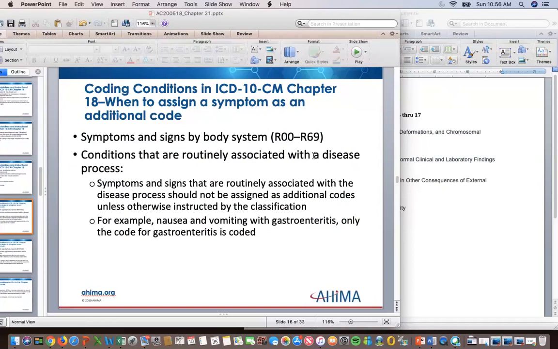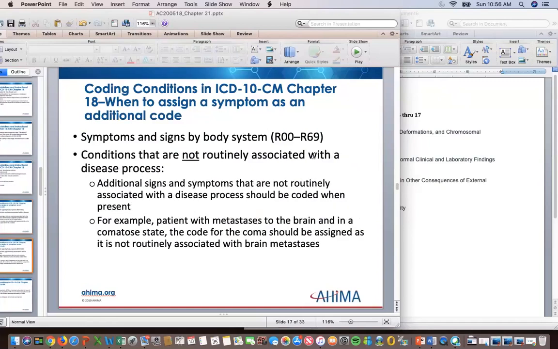Hemoptysis with pneumonia, you may not have that symptom, so it's an additional code that can be added. Follow your notes within your guidelines there. For example, nausea and vomiting with gastroenteritis, you'd only code the gastroenteritis. So again, you're learning a little bit about the disease process or signs and symptoms.